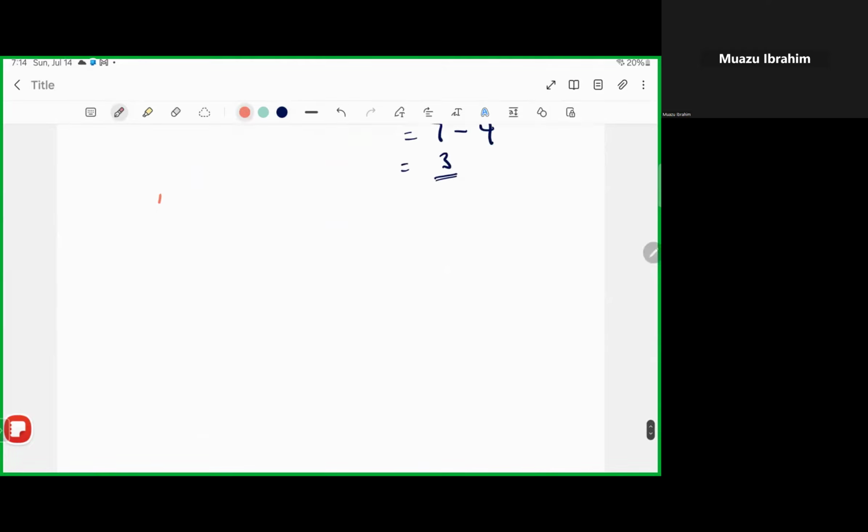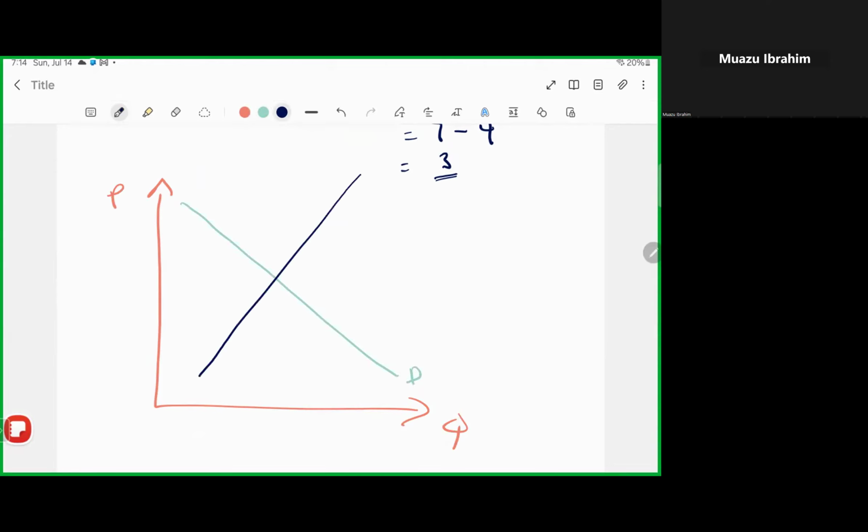In this particular case, this is our demand, and this is our supply. We have this as equilibrium price, P1, and this as equilibrium quantity, let's say Q1.